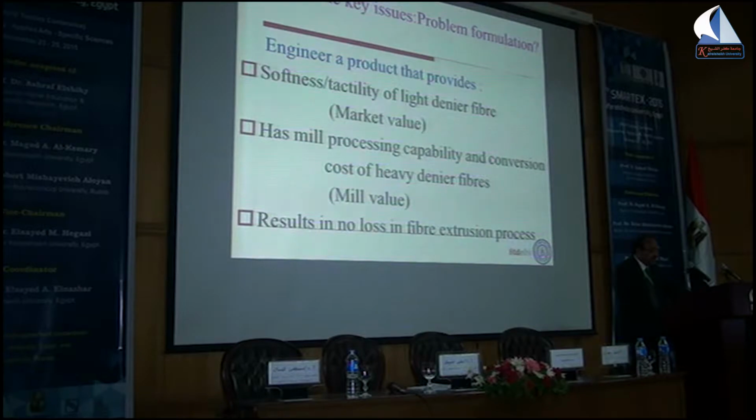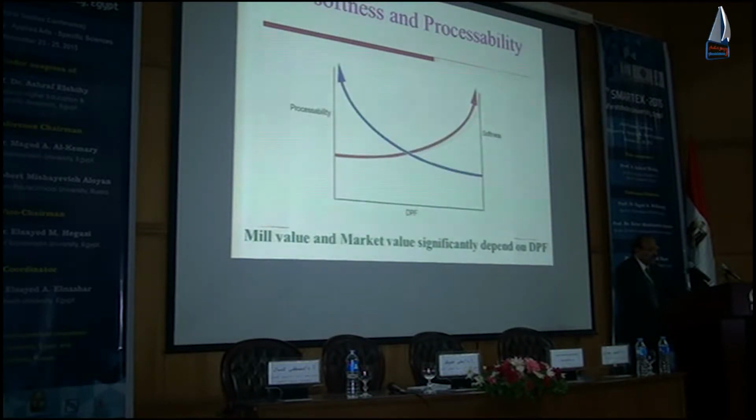I have given it the name mill value. Then what exactly do we see in the relationship between this mill value and the market value? They are very much dependent on the DPF, that is the denier per filament, that is the fineness of the fiber. This fineness controls both things.